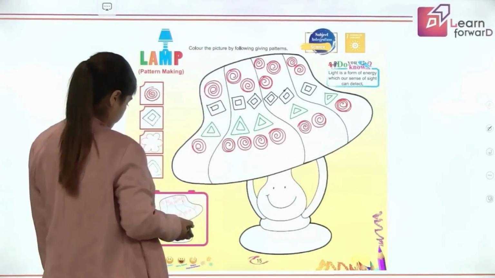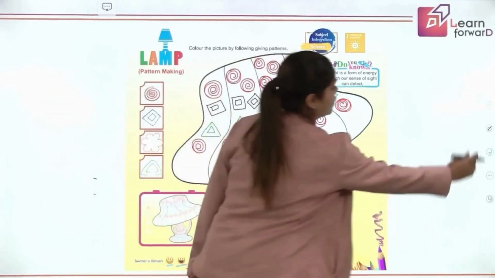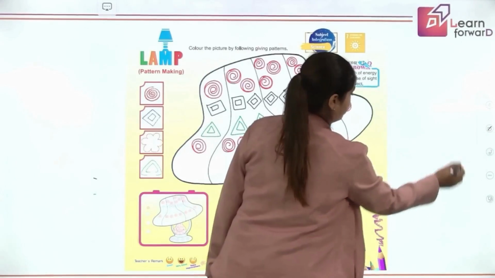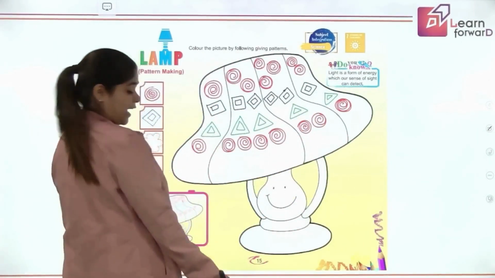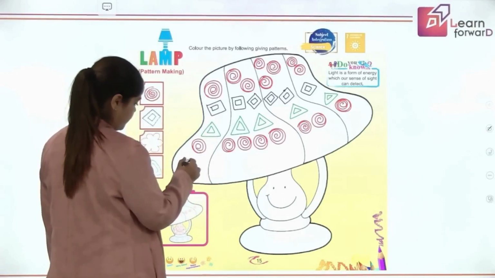Now, the floral motif in the last is orange colored, for which I am going to take orange color and let us see how to make it. It goes this way.